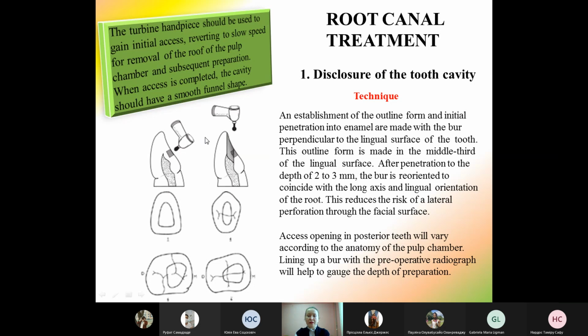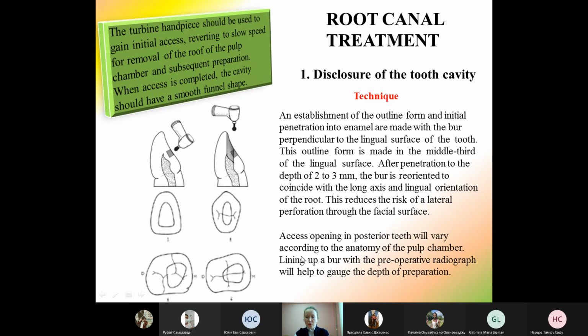If it concerns the anterior group of teeth, penetration is done perpendicular to the tooth surface, and then the handpiece is turned toward the long axis of the tooth, following the way of the root canal, and in this way access would be gained to the root canal orifices. This turn is done in order to prevent perforation of the facial surface of the tooth crown.